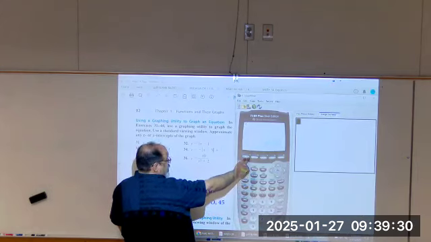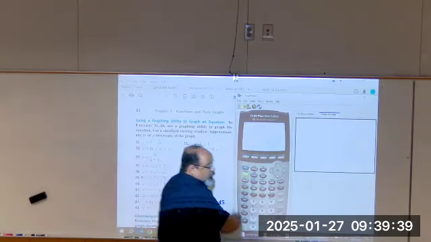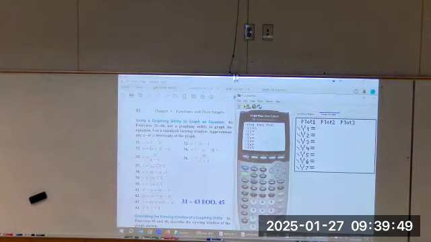Where it is on the other ones, Casio, Texas Instrument, sorry, not Texas, Hewlett Packards, all those weird ones, might be somewhere else. But I press the Y equals. And when that comes up, I can go left and right, but I can't type the equations over here. I can only type the equation to the right of Y equals.